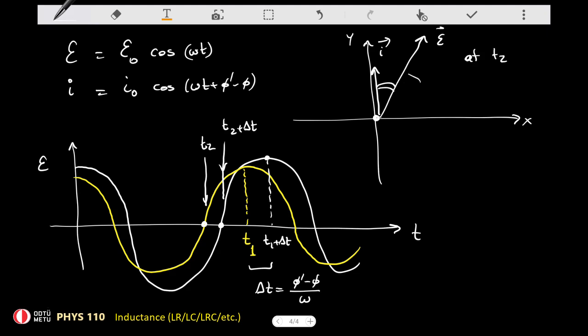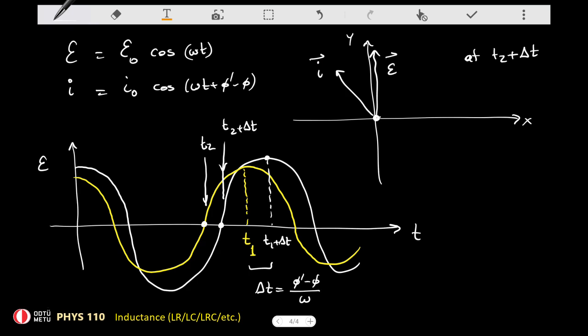So just a little while later, of course, this is going to rotate. So we will have a picture where, let me redraw this, the current would be oriented like that, and the EMF would be oriented like that. So right at that moment, where the time is now t2 plus delta t, the EMF becomes zero.